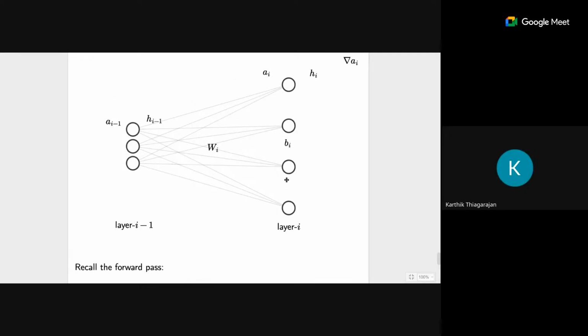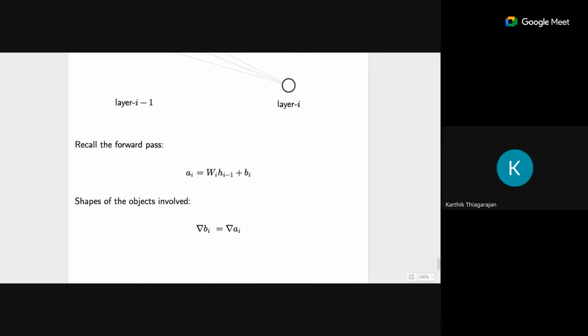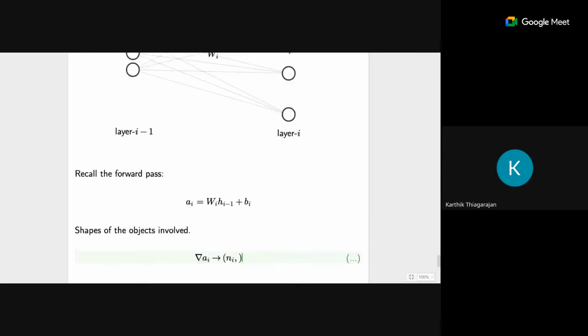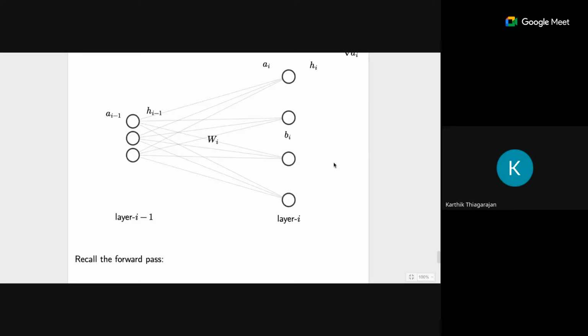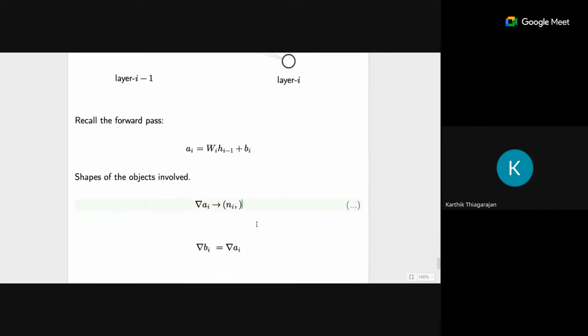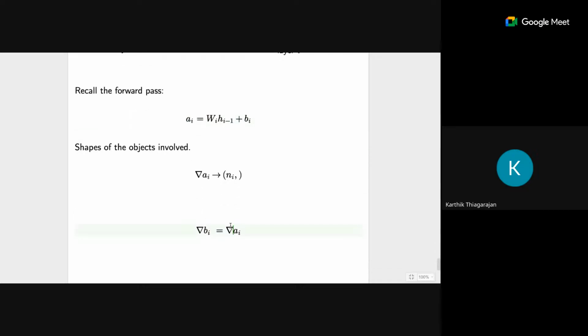Ni. Let's make this very explicit. This is going to be Ni. dA is what shape? Same shape. So you just equate them. It's a very crude way, but it's not wrong. You are just trying to remember. So whatever gradient is here, it just passes on to b.